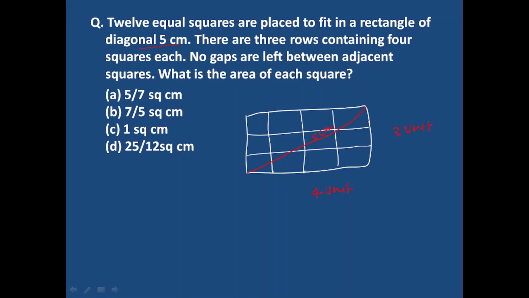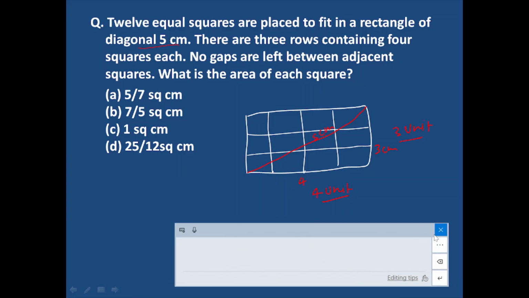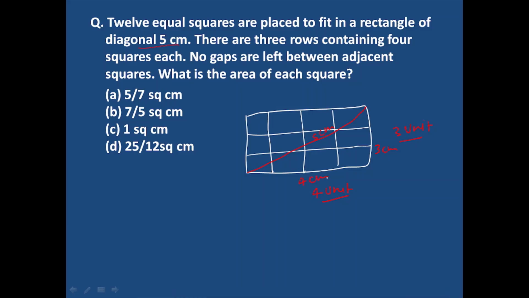Now you can understand that this forms a triangle with 3 units and 4 units, so this must be 5 units. It means the dimension of this rectangle is 3 centimeter by 4 centimeter.